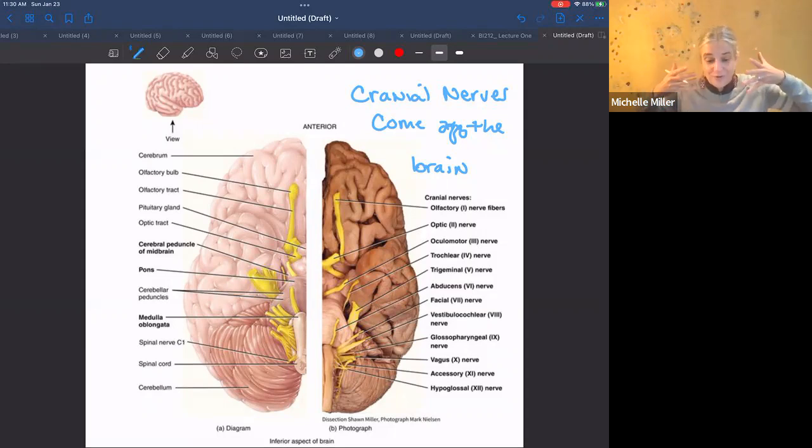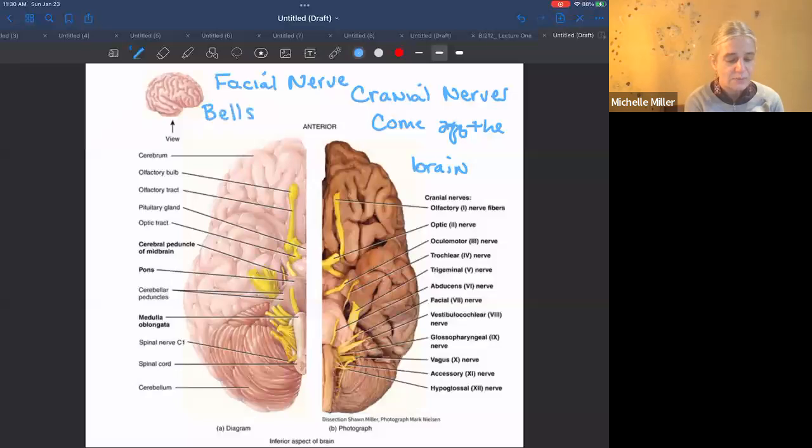Most of those have to do with these cranial nerves. The facial nerve is kind of interesting because irritation of it is known to cause what's referred to as Bell's palsy. This has to do with inflammation in this nerve that can lead to paralysis of the facial muscles on one side of the face. Another thing that could cause that is a stroke.